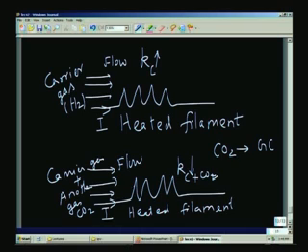Therefore, the heat transfer from the heated filament to the flow, assuming that the flow rate is identical, and I am assuming that the flow is maintained more or less identical, the passages are the same, then the heat transfer from the carrier gas CO2 mixture will be smaller than that in the case of carrier gas alone.